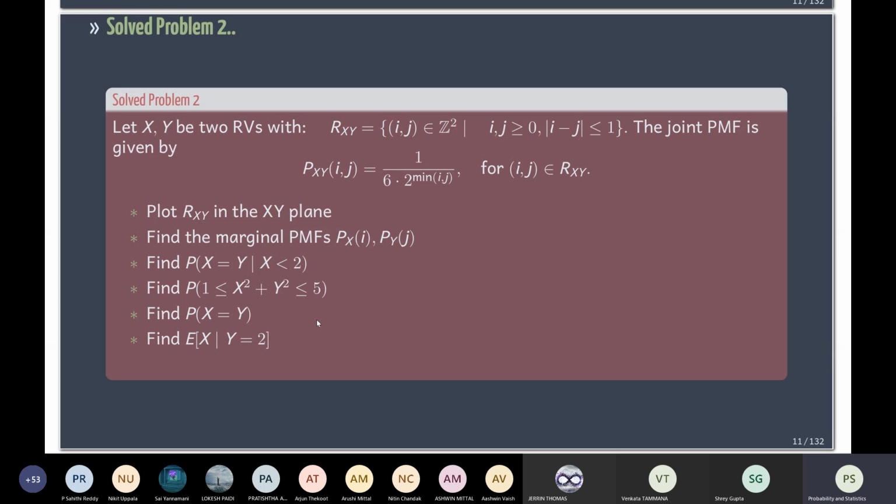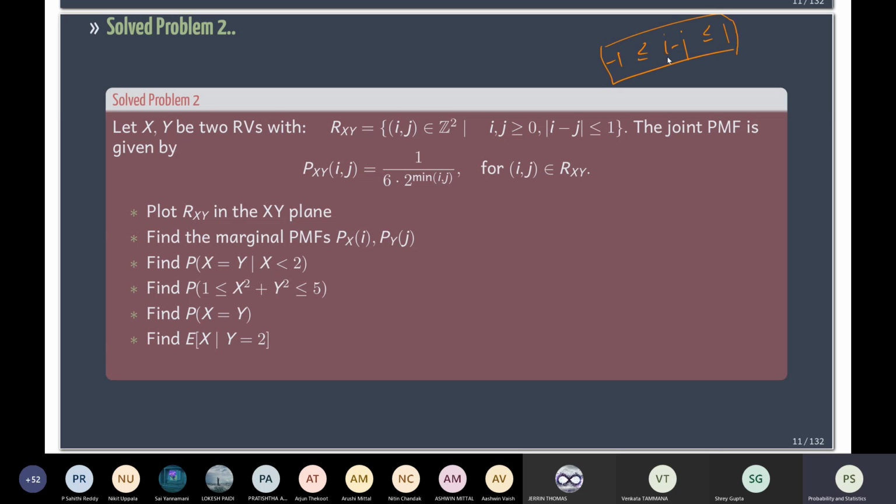Okay, so let us try to solve this problem. The first question is to plot this, right? So |i - j| is less than or equal to 1, and i, j greater than or equal to 0. And yes, these are coming from the lattice points. So these restrictions mean that i minus j lies between -1 and 1, right?